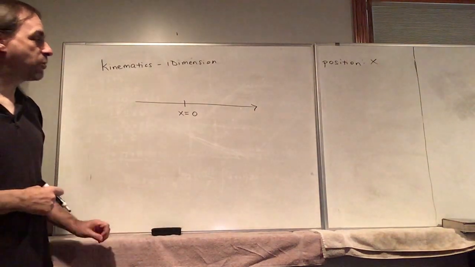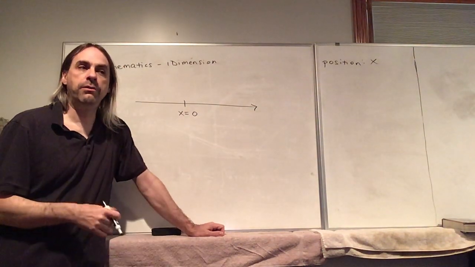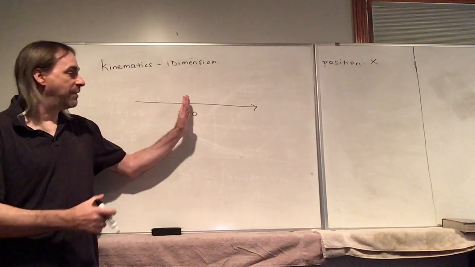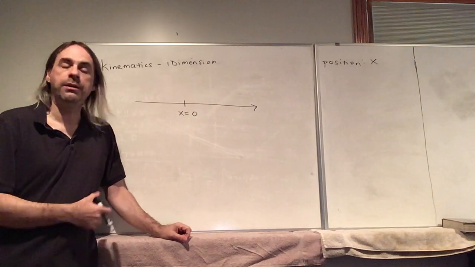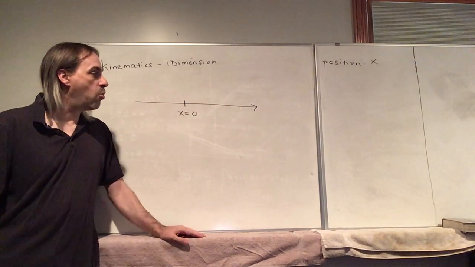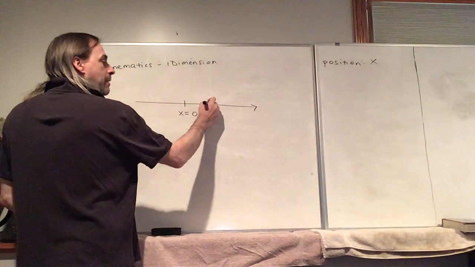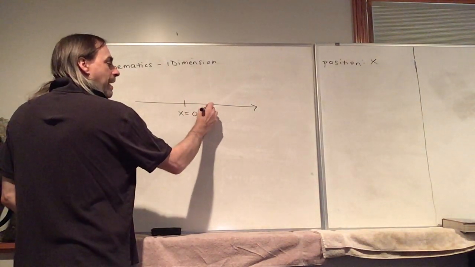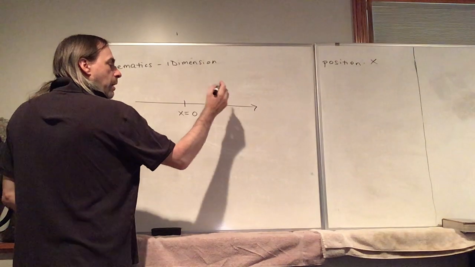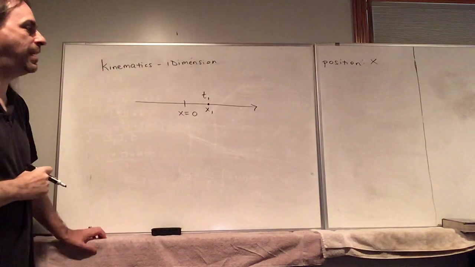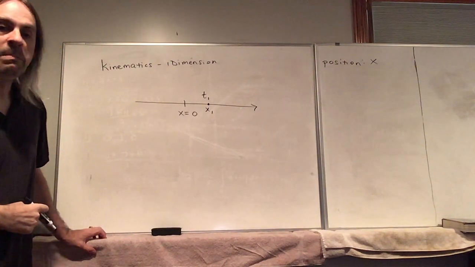But once we have this coordinate system in mind, if I tell you this object is at x equals 2 meters, well, 2 is a positive number, so you go 2 meters to the right of the origin, and you know where the object is. Now, let's say that it is at a position, let's call this x1, at a time t1.